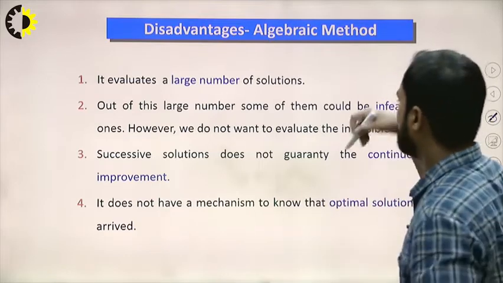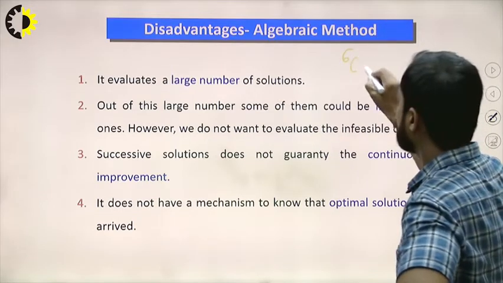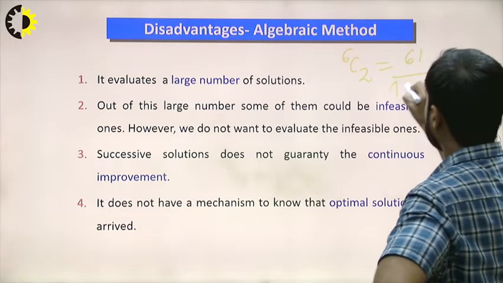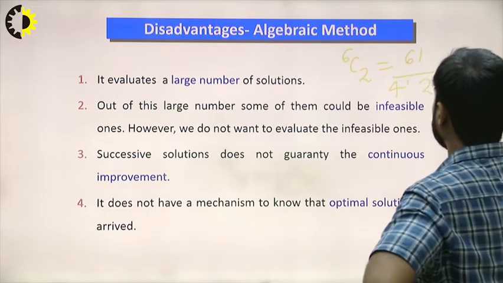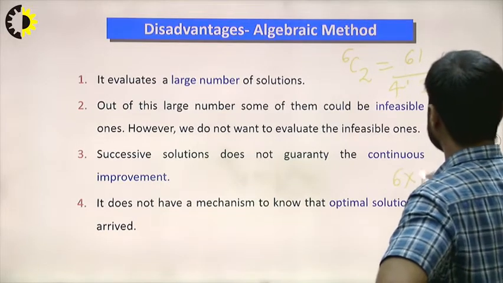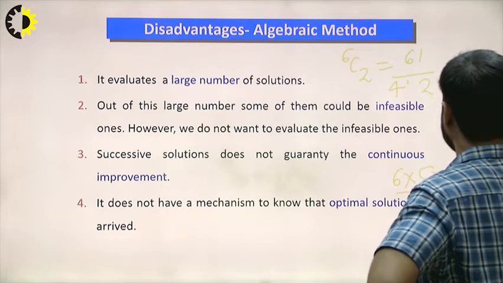Suppose the number of variables is 6 and the number of equations is 2. So how many possible combinations? 6 factorial over 4 factorial into 2 factorial. How can we write it? 6 into 5 into 4 factorial divided by 4 factorial into 2 factorial.